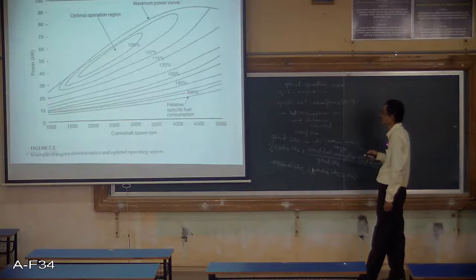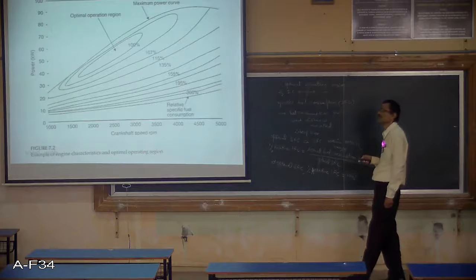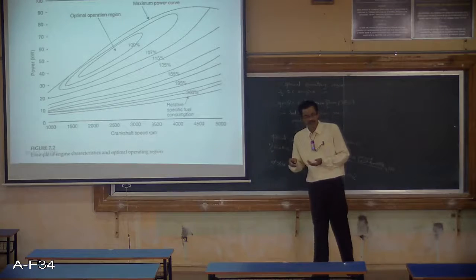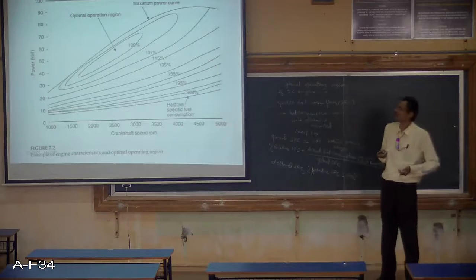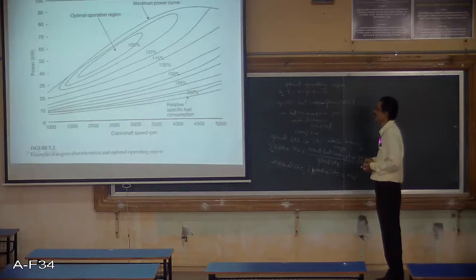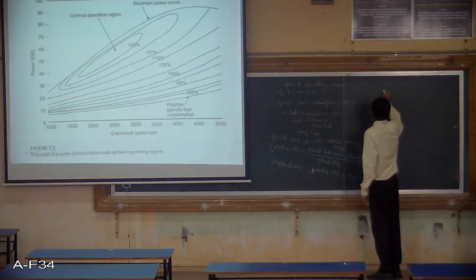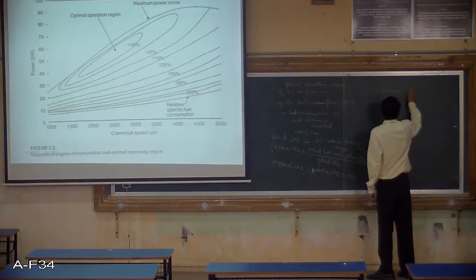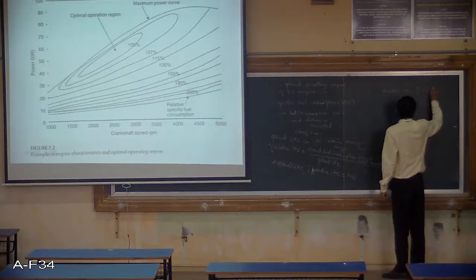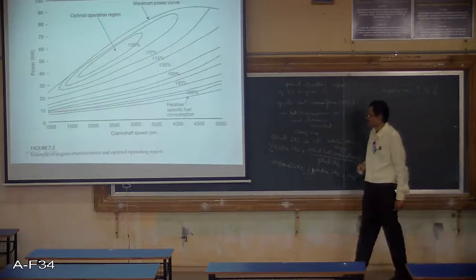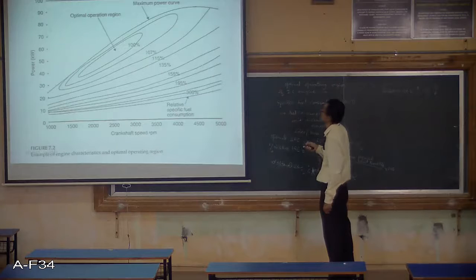So for 20 kilowatt and 4200 RPM, you have to have 300% of specific fuel consumption. That means the fuel will be pumped in more in quantity, and as a result the efficiency will come down. So more is the relative specific fuel consumption, less is the efficiency. So here relative specific fuel consumption, when it increases, efficiency decreases or drops. That you can see here from this.